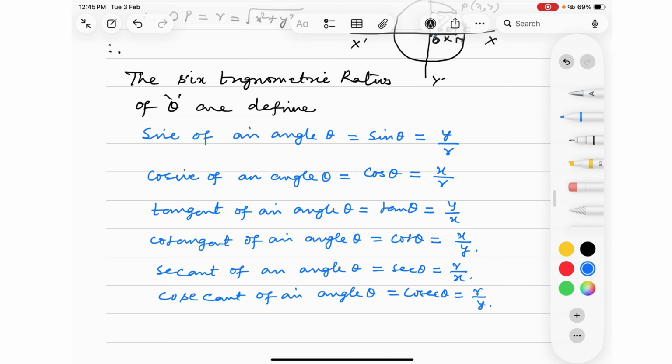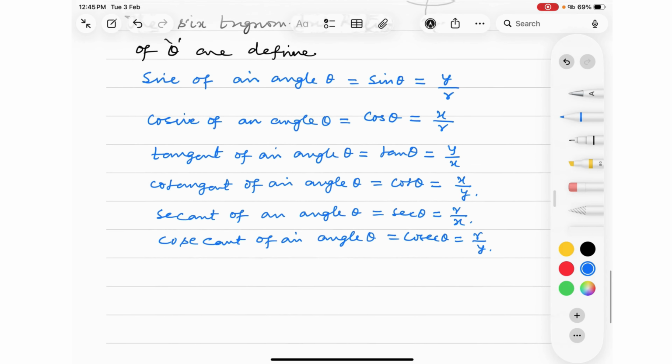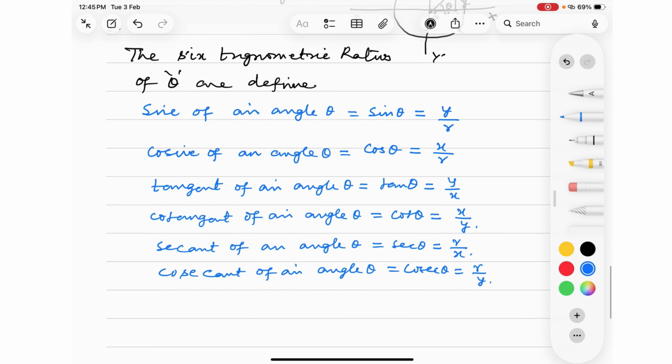So these are the 6 trigonometric ratios of theta, the basis of our trigonometry chapter throughout. Now from here, we can conclude, if you see the definition of sine theta, that sine theta is equal to 1 by cosec theta.